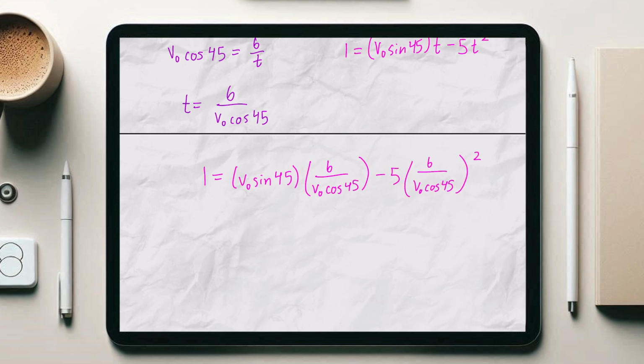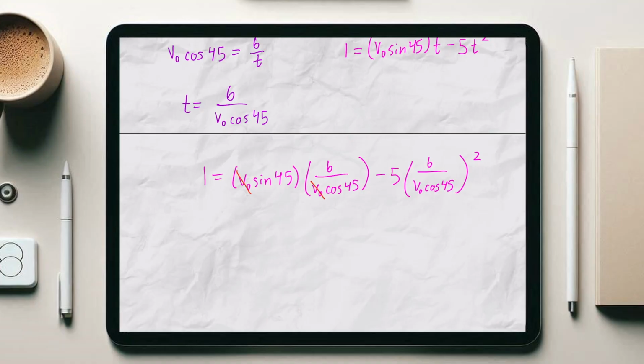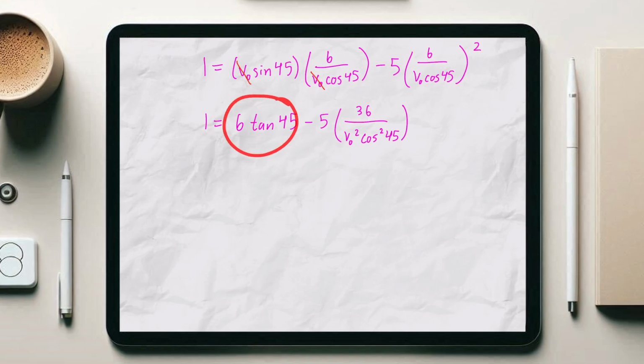All right, now since we have a V0 in the numerator and a V0 in the denominator, we can just cancel them out. And also in trigonometry, sine over cosine is just tangent. So we can go replace that in the equation. All right, now this is turning into a scary equation, but we want to isolate for V0. So let's bring this out and take it to the other side just to leave this little goop of information by itself.